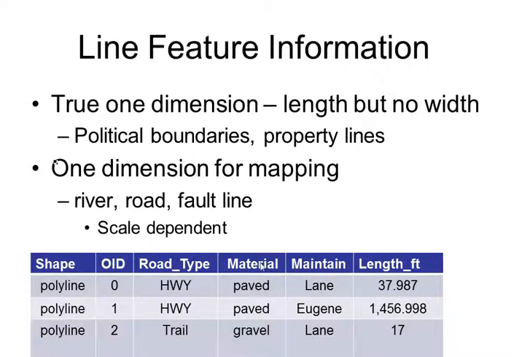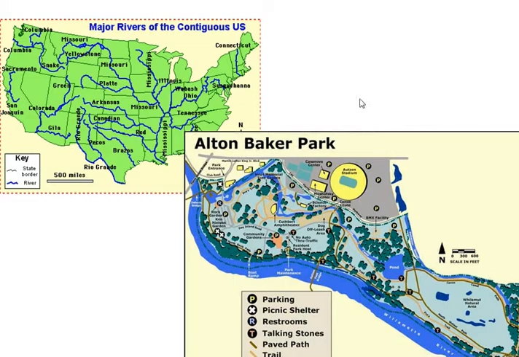I could map them by material. I could even map them by who maintains them, whether Lane or Eugene. So I could have a map of the urban growth boundary for Eugene with red meaning Lane County is responsible for the road, and blue meaning Eugene is responsible. So lots of different options for mapping.